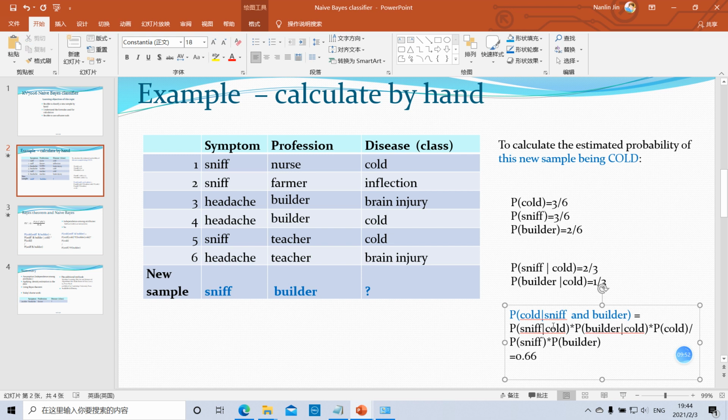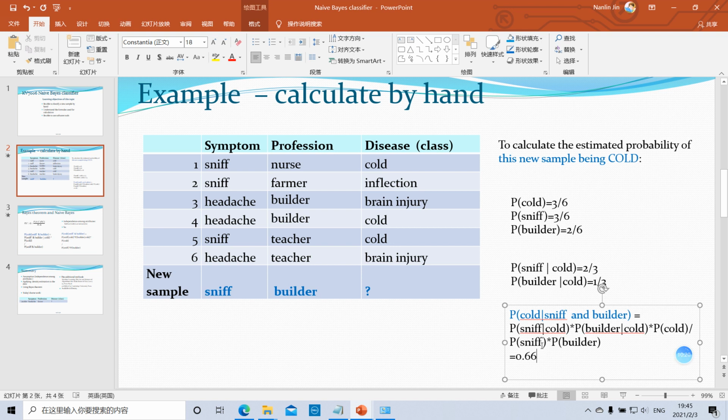So we put the values in. We put the condition of cold and sniff, put this value in here, and then cold and builder times this one, and then times the probability of cold, 50%, divided by the probability of sniff, divided by the probability of builder, and in total we work out 0.66.